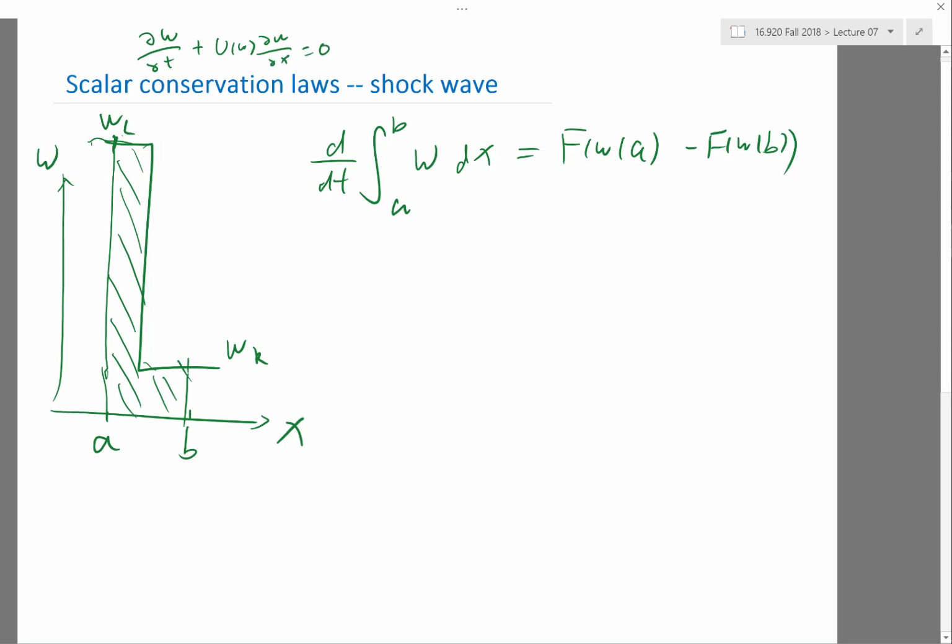On the left and right, dW/dx is approximately 0, so dW/dt is also approximately 0. Even if it's not 0, the movement up and down should be very small in a very small time. So now the flux is like this. What is going to be the dominant mechanism for the total area to change?